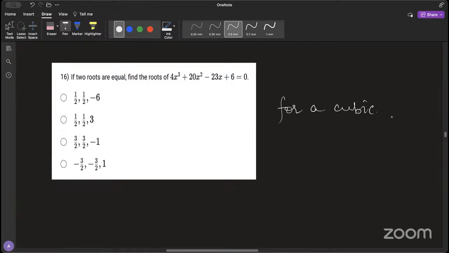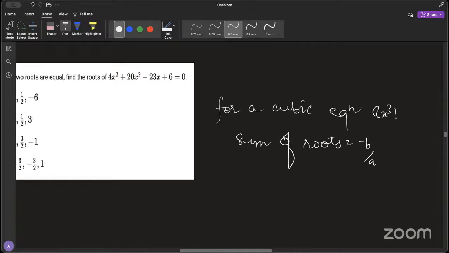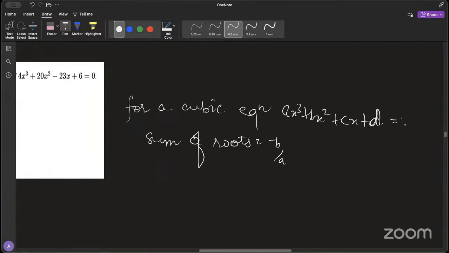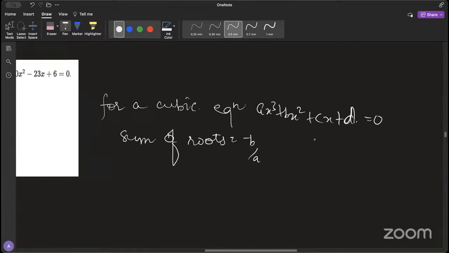For a cubic equation, obviously this makes things easier. For a cubic equation, the sum of roots is equal to minus b by a. So if your cubic equation is ax cubed plus bx squared plus cx plus d equals 0, then the sum of roots is given by minus b by a. The product of roots is given by minus d by a.